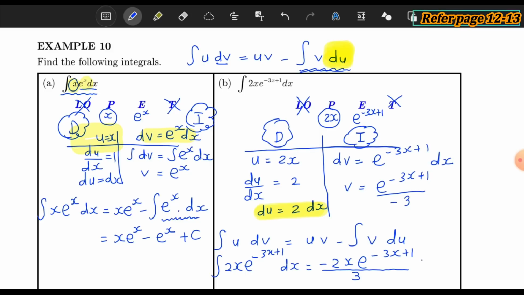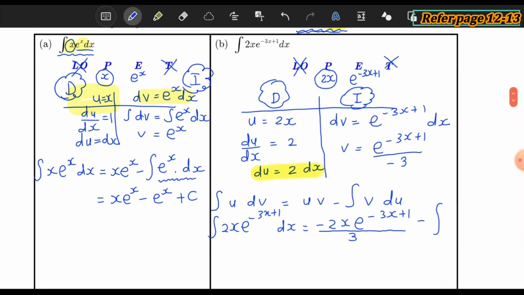Okay, and minus integrate v du. Our v is exponent negative 3x plus 1 over negative 3 times du is 2 dx.